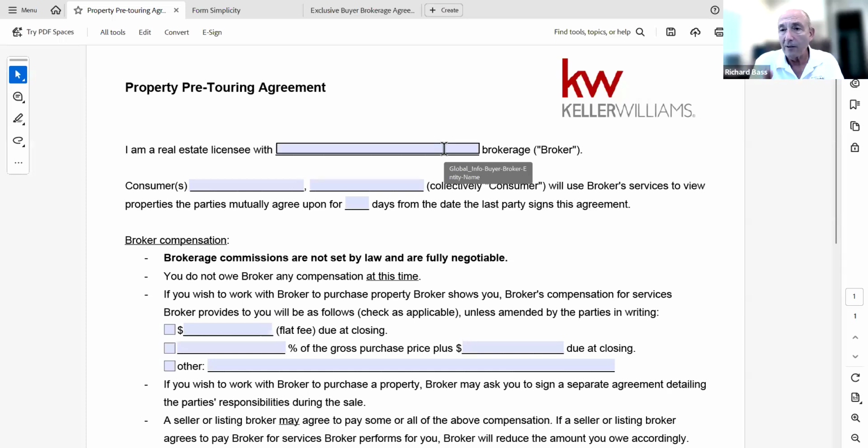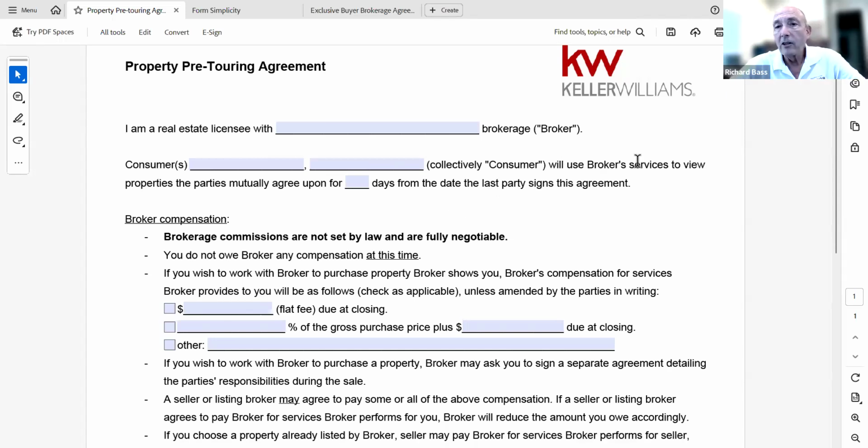It's not your name. You see, it says brokerage and broker. It's the name of the office you work with. You fill in the name of your client, and they're going to use our services to view properties that you agree upon for X number of days.